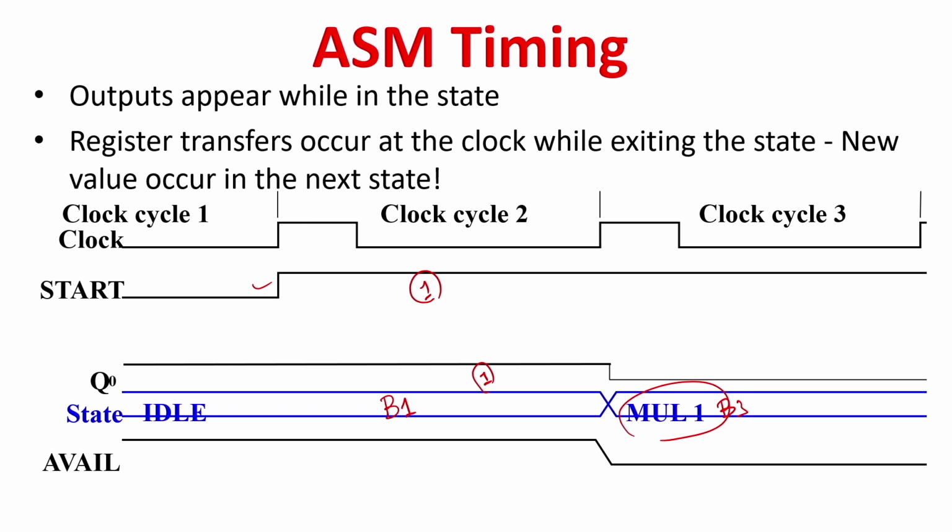An ASM block is a state box and its associated condition boxes, all outgoing edges and conditional boxes. Okay. So, all three things constitute an ASM block, and an ASM block executes in one cycle.